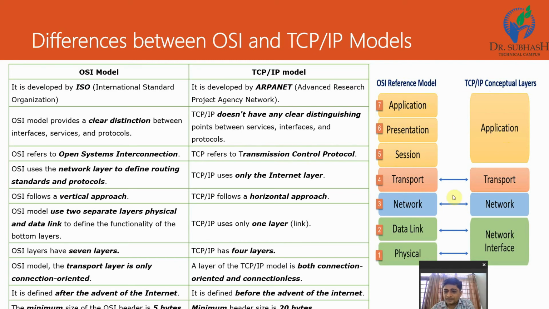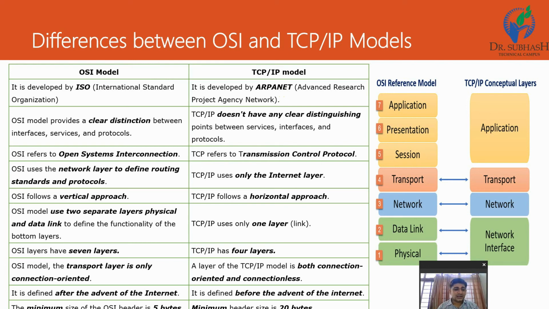TCP/IP model, right? So theoretically, if we want to compare these layers, we have some differences. Like the OSI model was developed by ISO, and the TCP/IP model was developed by ARPANET, Advanced Research Project Agency Network, that is the origin of the internet.